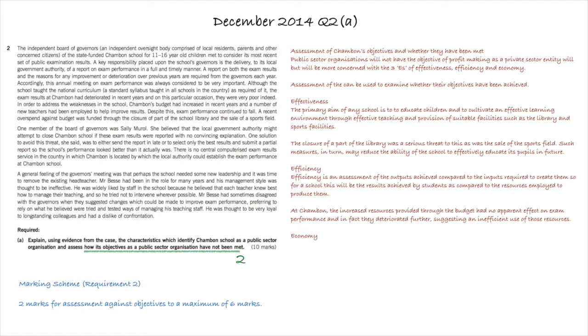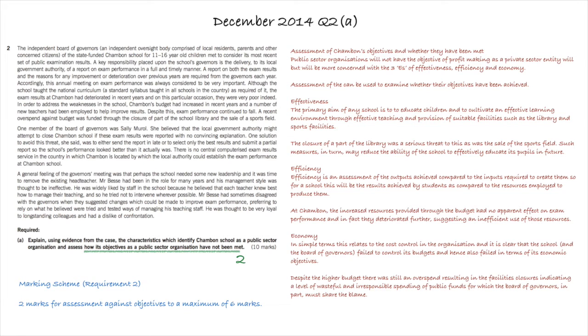Lastly, we could say that for economy, in simple terms, it relates to cost control. Are we getting things at the best cost possible? And it's clear that the school and the Board of Governors here have failed to control the budget and hence also failed in terms of that economic objective.